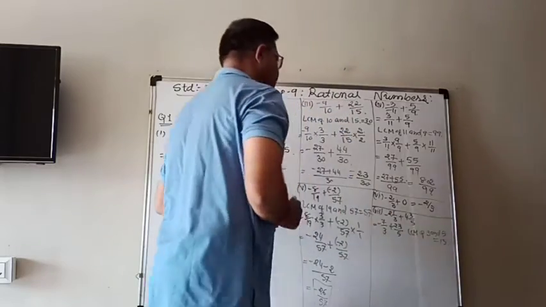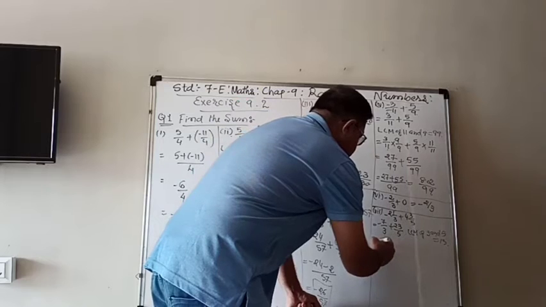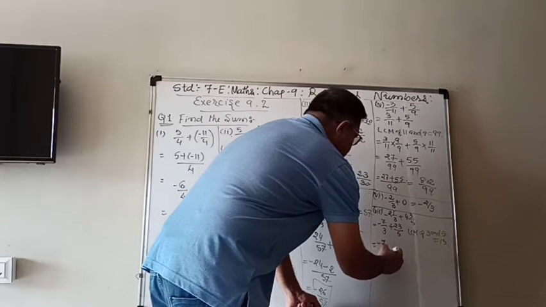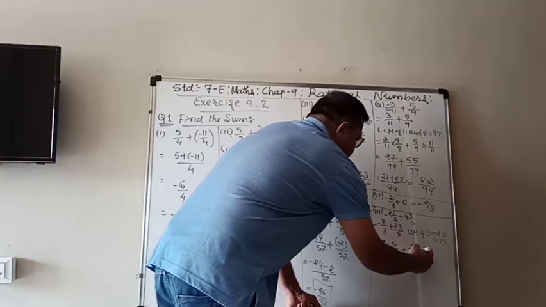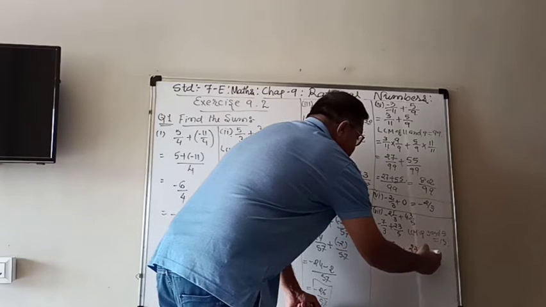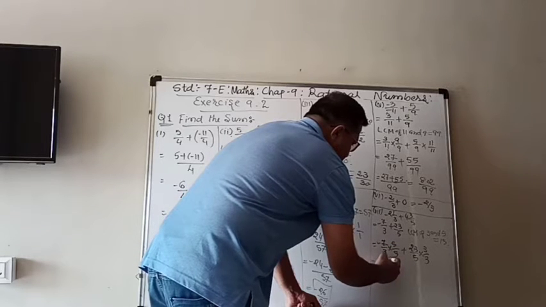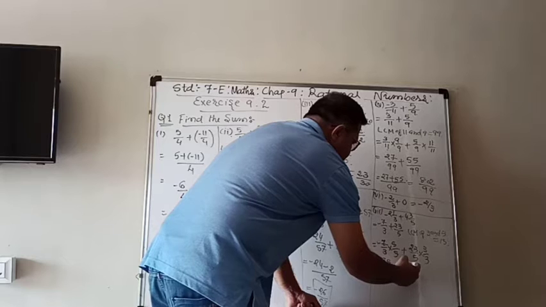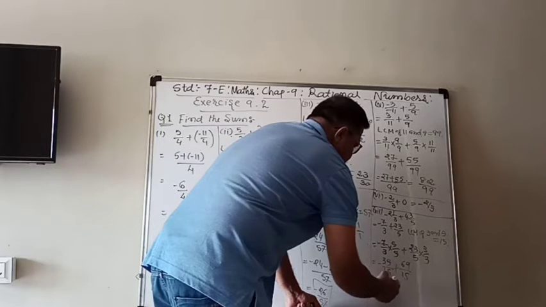So now we will take 15 as the base, so we will convert it. Minus 7 upon 3 into 5 upon 5, and 23 upon 5 into 3 upon 3, so the denominators are 15. Minus 7 5s are 35 upon 15 plus 69 upon 15.